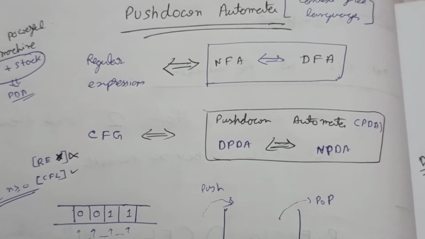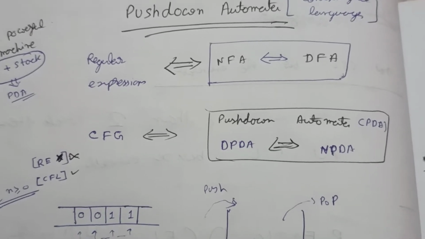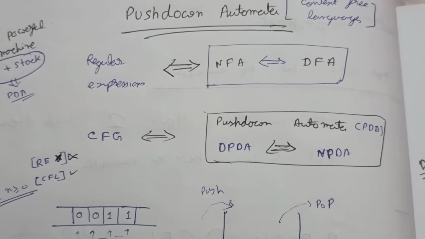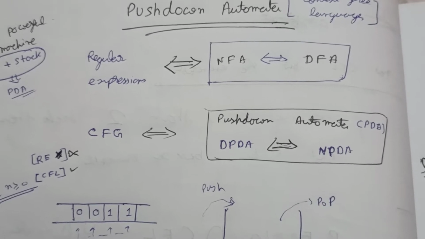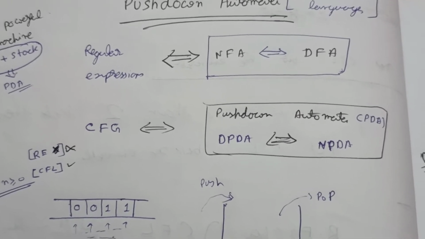So for that purpose we need an automata which is more powerful than a finite automata. To show the machines which can accept context free languages, we need a powerful automata that is known as pushdown automata.